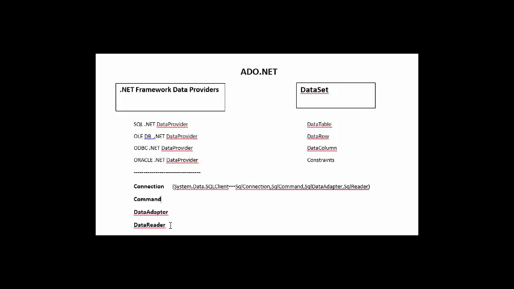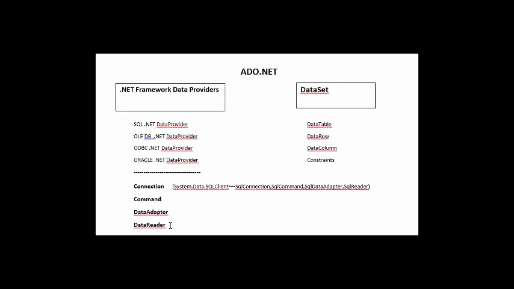The Command object enables access to database commands to return data, that means to select or retrieve data, modify data, that means to execute DML statements or to run stored procedures, and to send or retrieve parameter information, etc.